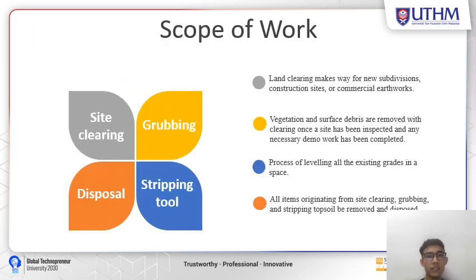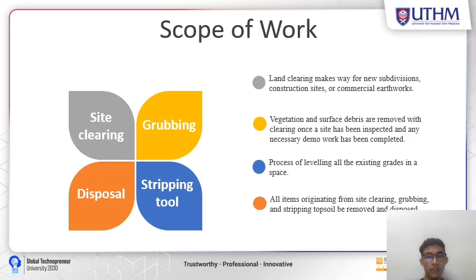The next part is the scope of work. There are 4 scopes of work, which are site clearing, grubbing, stripping topsoil, and also disposal. For site clearing, the land clearing makes way for new subdivisions, construction sites, or commercial earthworks.